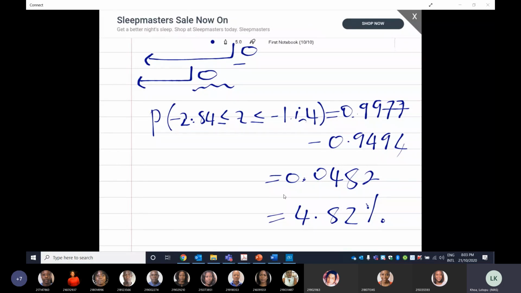So you can say the probability that the average lifetime of the bulbs is between 267.56 and 280.9 is 4.82%. So that's how you would do it.